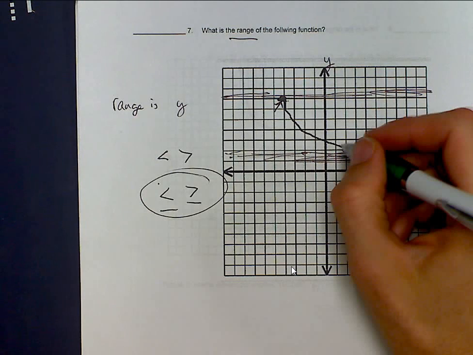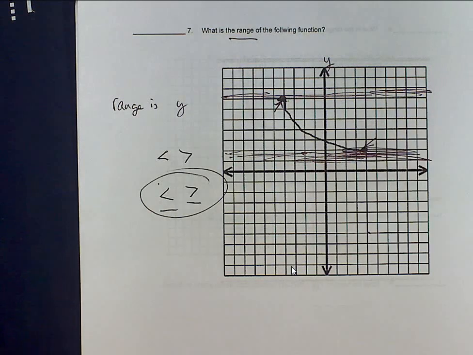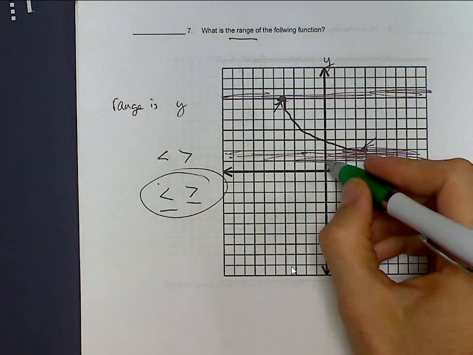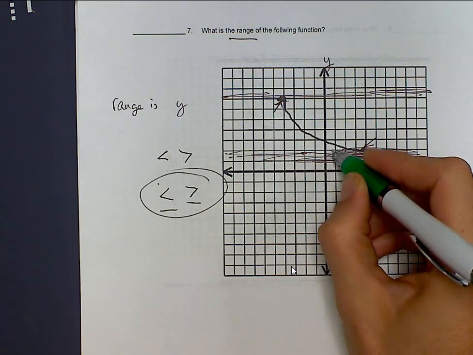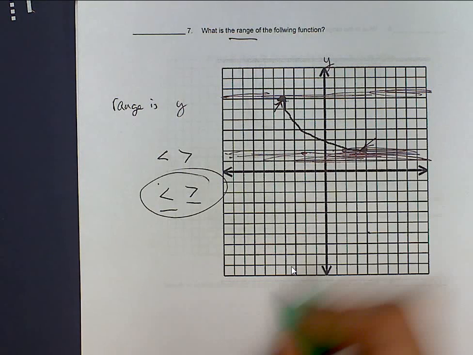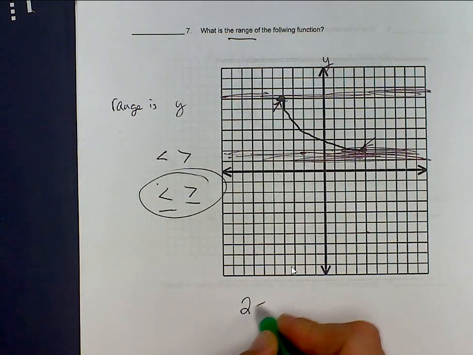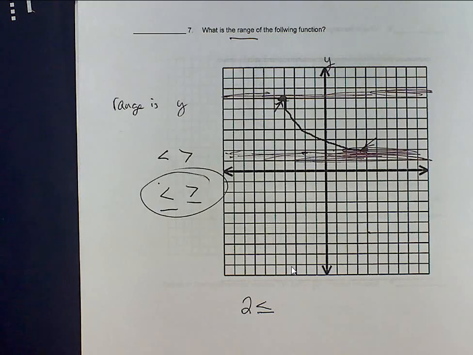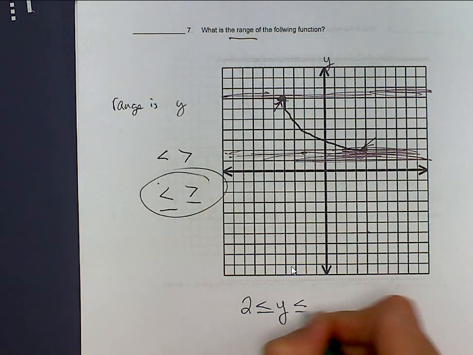So I'm looking for my smallest y value. What's my smallest y value? So I'm going to start here, and I'm going to go up. 1, 2. And what do I get? Positive 2 is my smallest y value. So that is smaller or equal to y, which is smaller or equal to my biggest y.